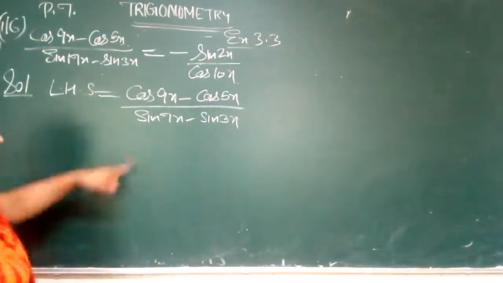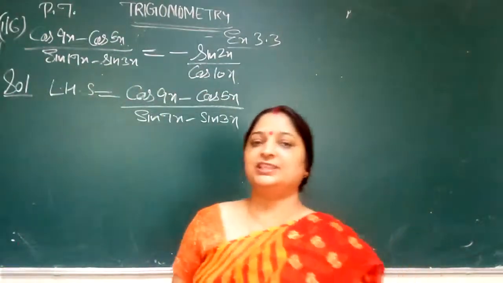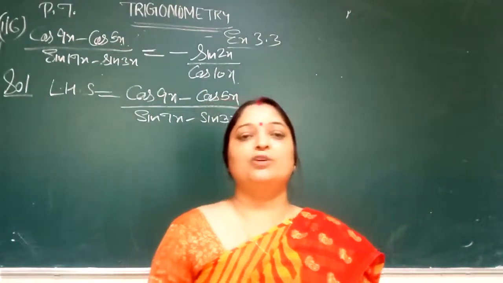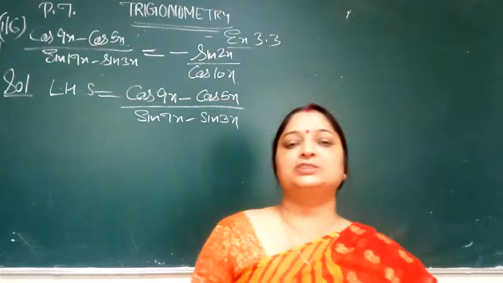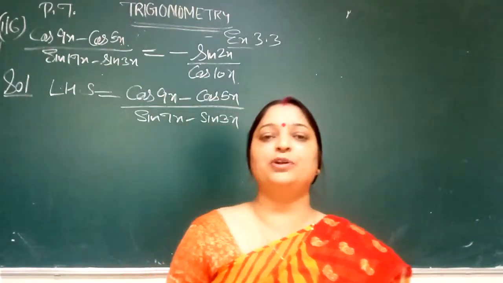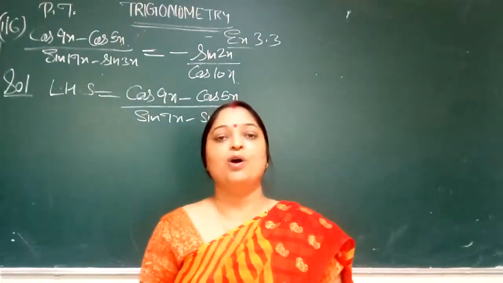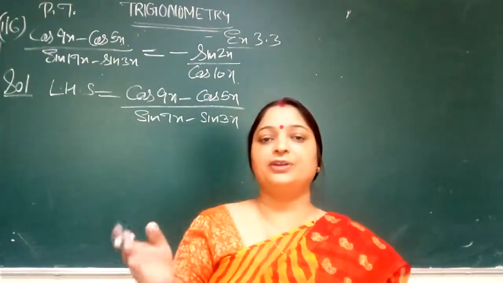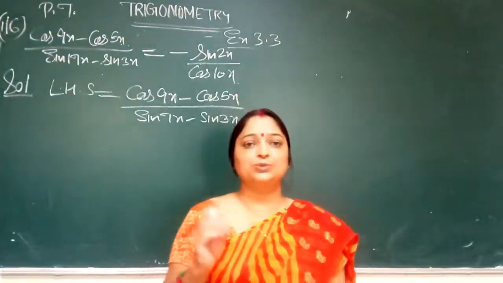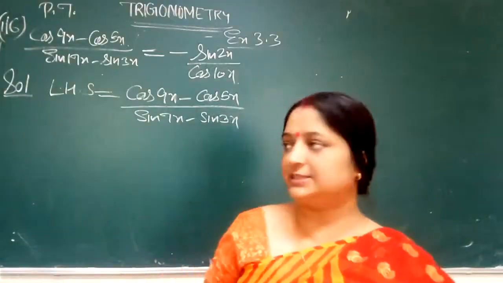Now students, here we can apply the formula cos C minus cos D. What is the formula of cos C minus cos D? The formula of cos C minus cos D is 2 sin (C plus D) upon 2 into sin (D minus C) upon 2. Or if you don't want to write D minus C, then you can write minus 2 sin (C plus D) upon 2 into sin (C minus D) by 2.